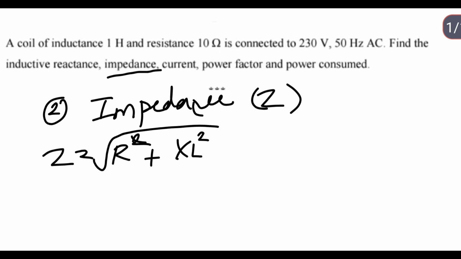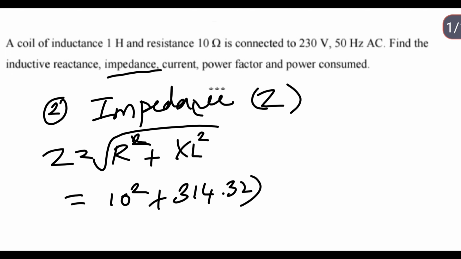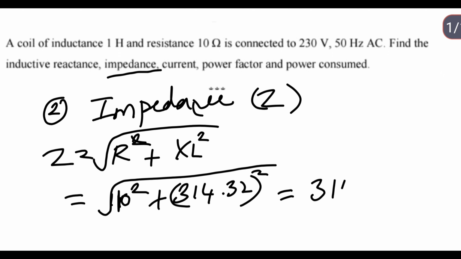R is 10, squared, and XL we have calculated as 314.32, whole squared. If you do the calculation, the final answer is 314.32 ohm for Z.